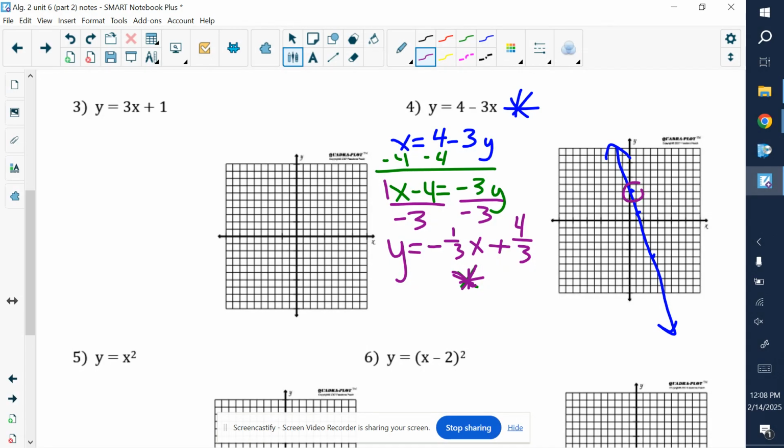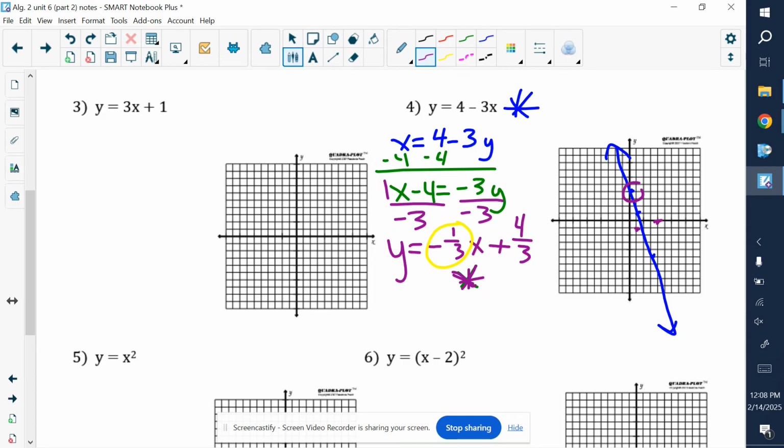This point right here was 0, 4. The inverse of that would be 4, 0. 1, 2, 3, 4. So I'm going to start with that point, and then I can use my slope of negative 1/3 from there. So down 1, 3 to the left.